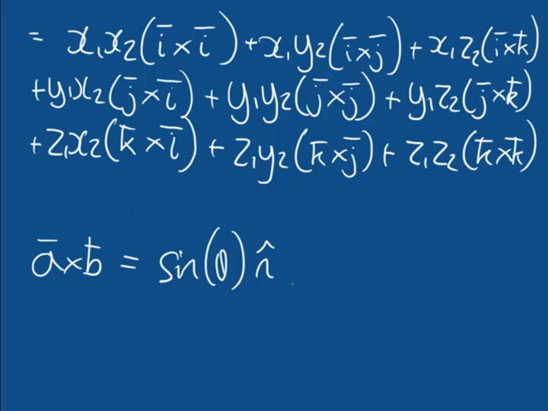Now we also know the relationships between our three Cartesian vectors. We know we have these three vectors and they follow our x, y and z axes, which means this would be our i vector, this is our j vector, this is our k vector, and we know they are all perpendicular to each other.